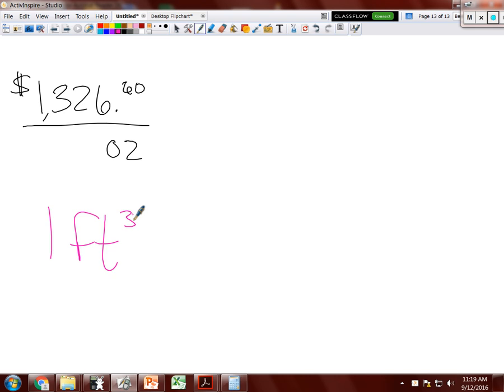If I had to start with a unit, which one's going to be a lot easier to start with? The one with 2 units or 1? One's a lot easier than 2, right? Because do you agree up here, I've got dollars and ounces I would have to deal with. Down here, what do I have? Cubic foot, that's it.